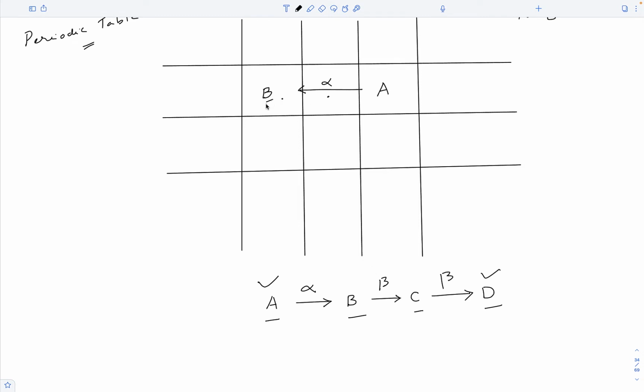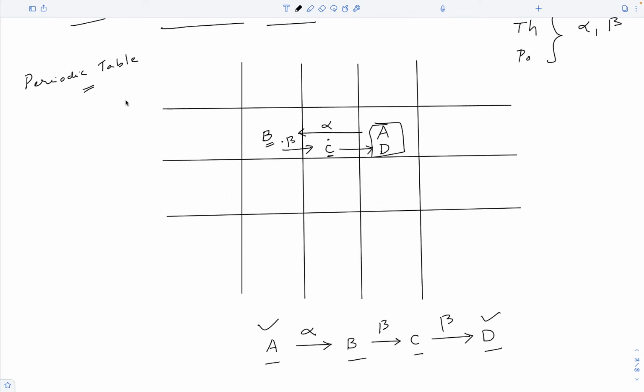So this will be the position of B. And the element C that B got changed into after emitting a beta particle is found one place to its right. So this will be the position of C. And again, after emitting a beta particle, C changes into D, so D will be found here. So A and D are in the same exact location in the periodic table.